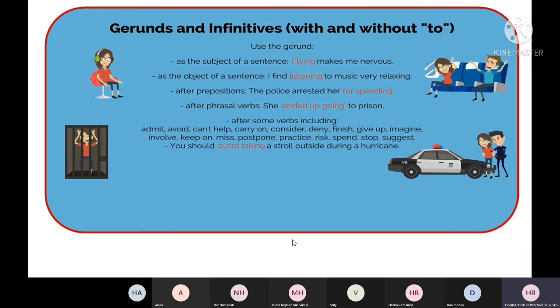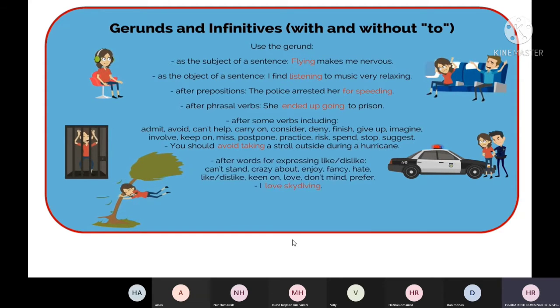After certain verbs such as admit, avoid, can't help, carry on, consider, deny, finish, give up, imagine, involve, keep on, miss, postpone, practice, risk, spend, stop, suggest. For example, you should avoid taking a stroll outside during a hurricane. After words for expressing like and dislike: can't stand, crazy about, enjoy, fancy, hate, like and dislike, keen on, love, don't mind, prefer. I love skydiving.